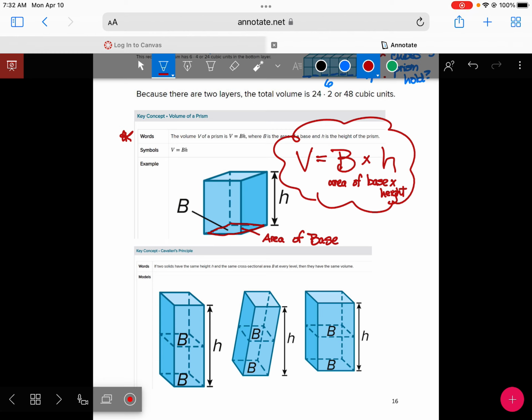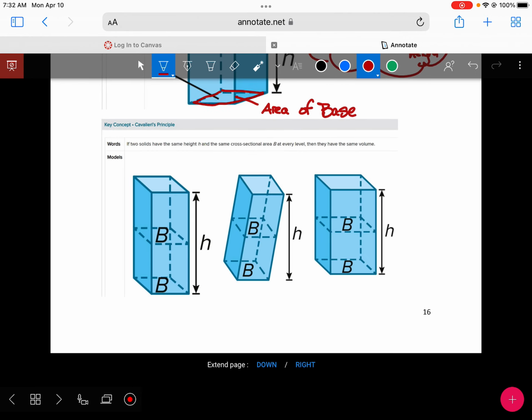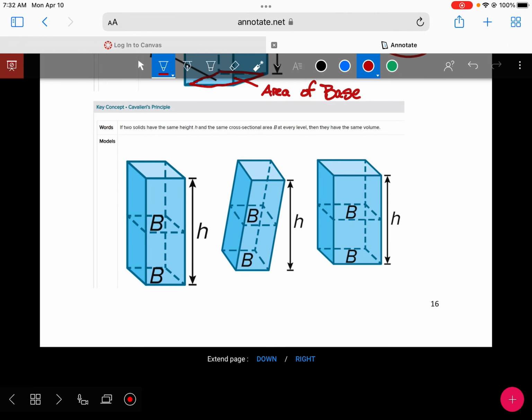And it says, following that, if two solids have the same height and the same cross-sectional area B at every level, then they have the same volume. So, looking at this, you can have your base down here, and as long as that whole figure has that same shape, we find the perpendicular height, which has to be straight up and down.